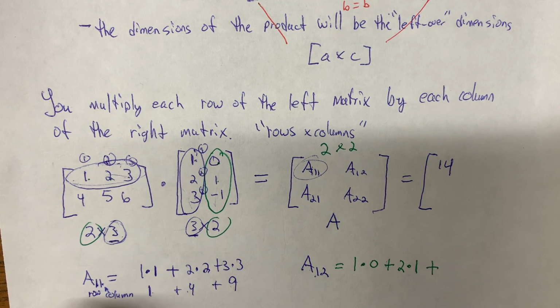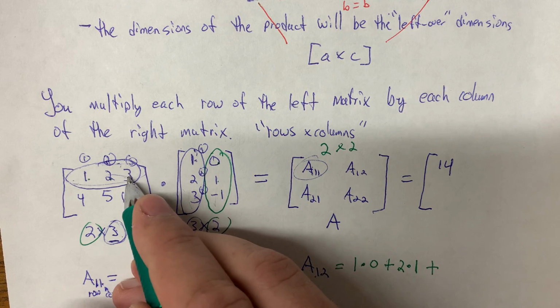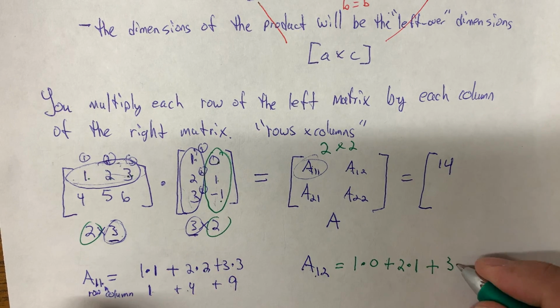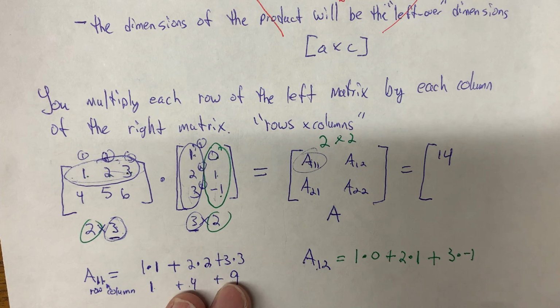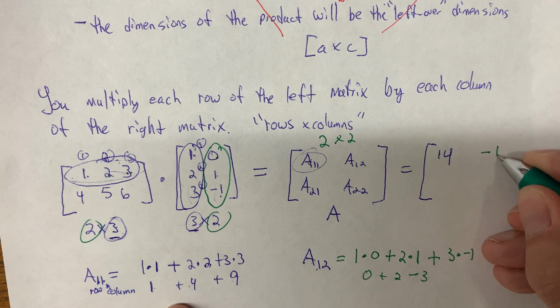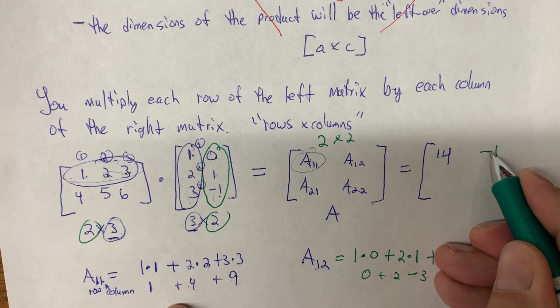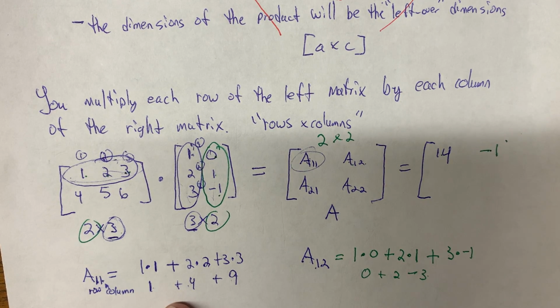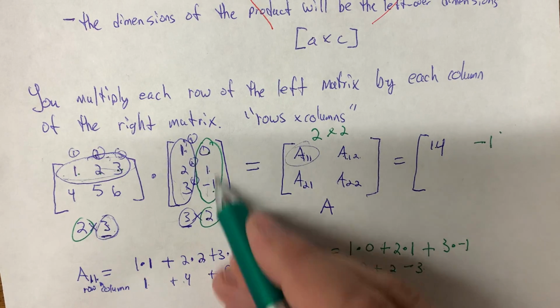And the last thing we're going to add in is 3 times -1, the third thing in the row times the third thing in the column. So this is 0 plus 2 minus 3. 3 times -1 is -3. 0 plus 2 is 2. 2 minus 3 is -1. That's the first row, second column, and we got that by multiplying together the first row with the second column.